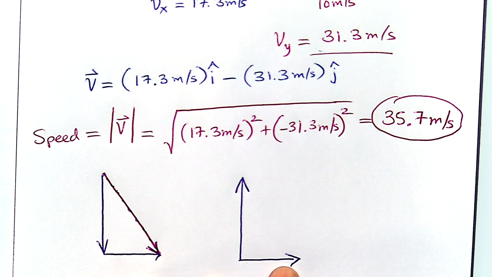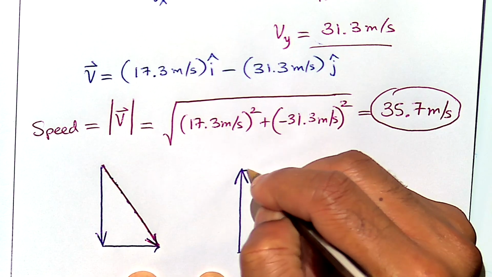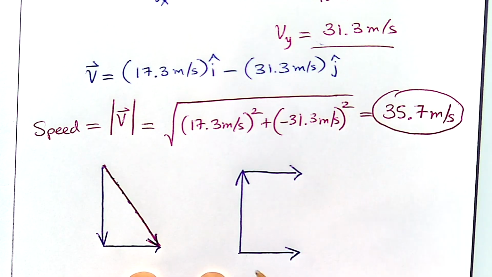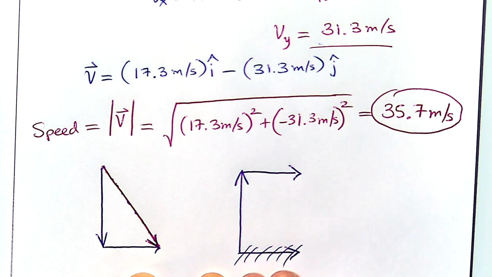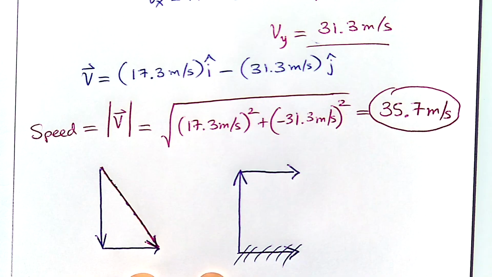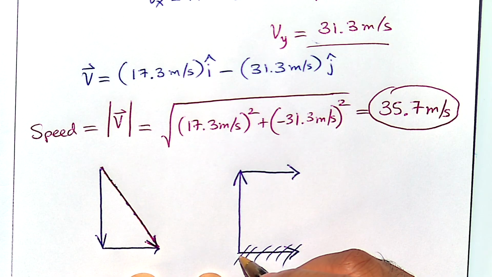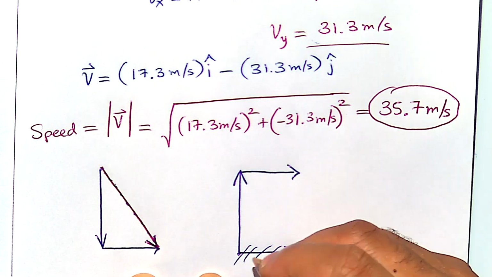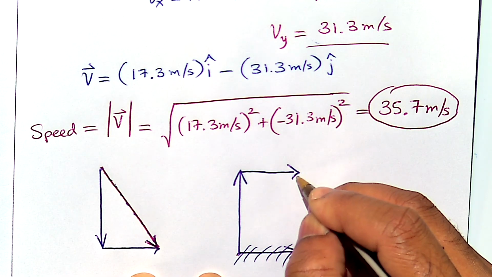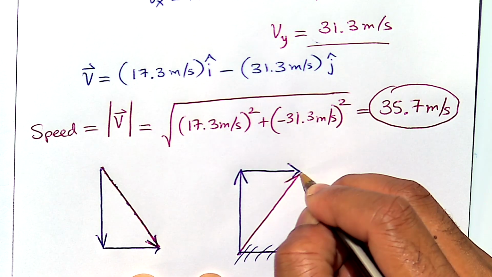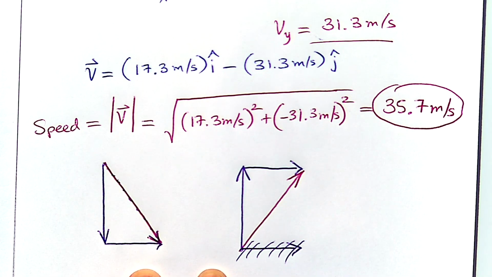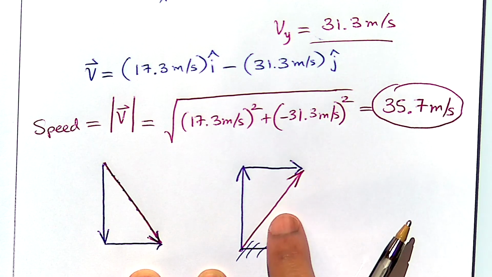So if I pick this one up at the bottom and move it over here, and delete this one, I'm just shifting it up. It's the same thing. That vector has not changed, because I didn't change its length or its direction. Now it's tail to tip, so I'm starting at the beginning of one of the vectors and connecting the dots all the way to the end of the other one. And so this would be my result. So that is not what the velocity looks like for the stone at the end of the trajectory.